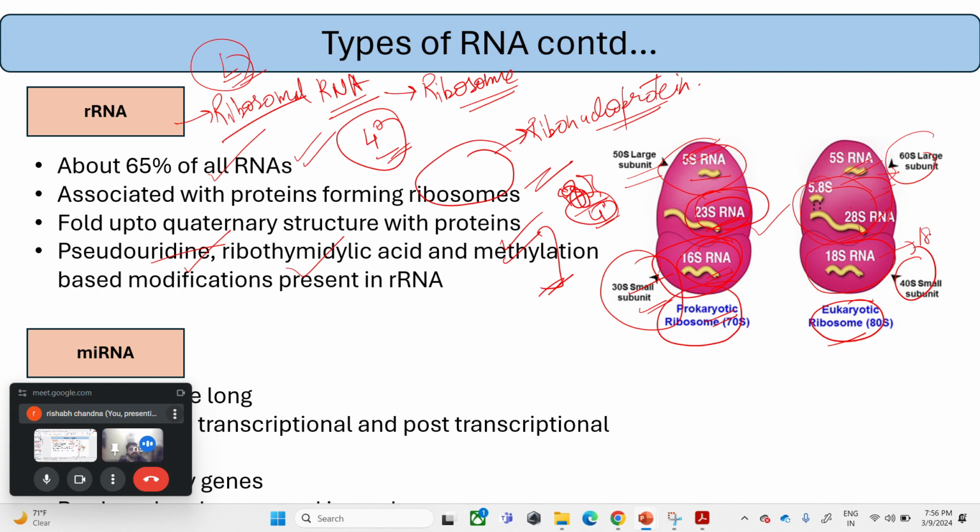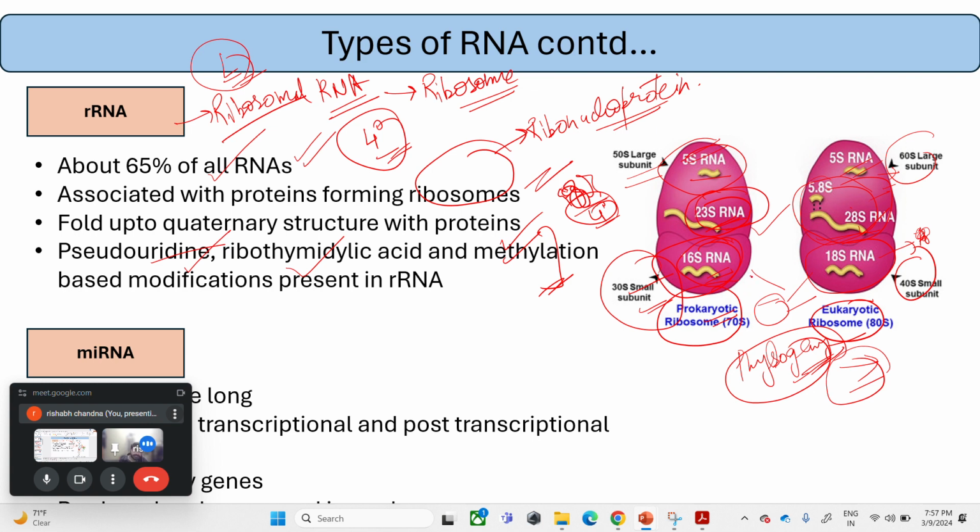that helps in the positioning of the mRNA on the ribosomes. Both 16S and 18S are evolutionarily conserved across the domains, so they have also been used in phylogeny to work out the evolutionary relationship between organisms.